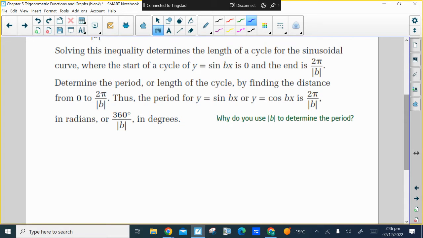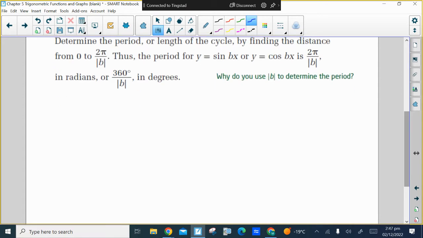If there's a b value introduced, that's going to change the period. The period will be 2 pi over the absolute value of b if you're talking radians, or 360 divided by the absolute value of b if you're talking degrees. It's also going to change the critical points. Our critical points normally are at every pi on 2, but that needs to be divided by the absolute value of b, which is the same as multiplying by 1 over the absolute value of b.